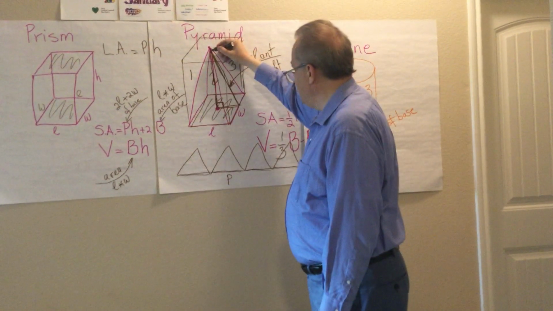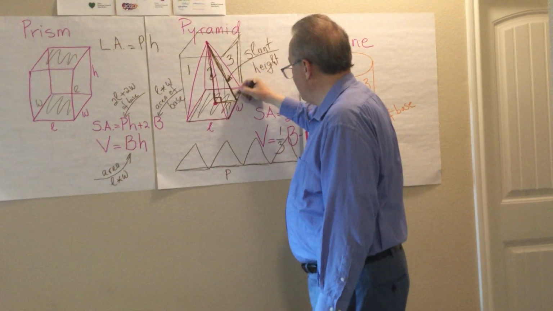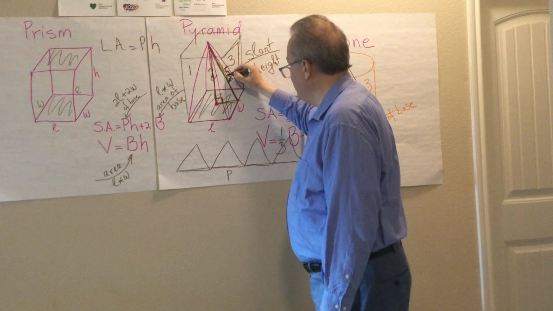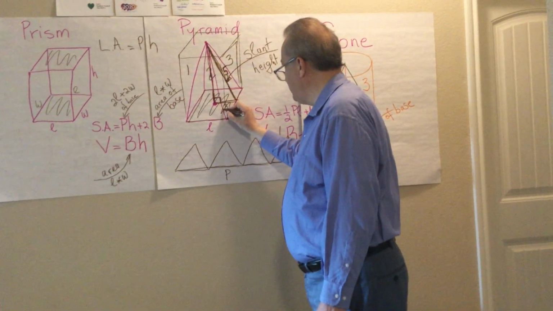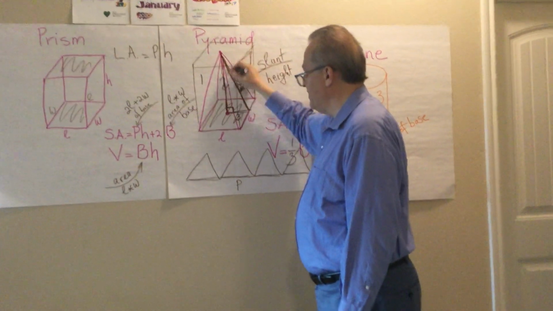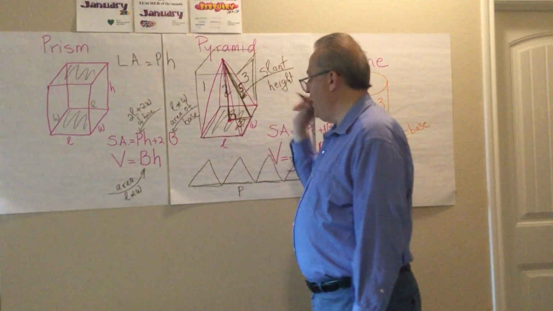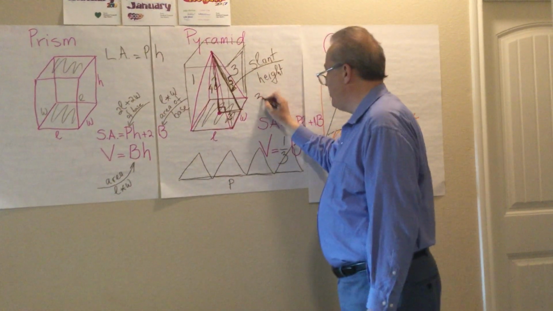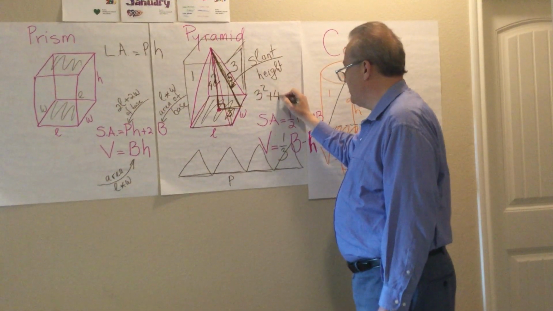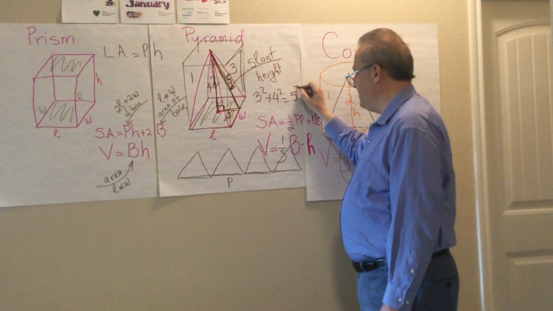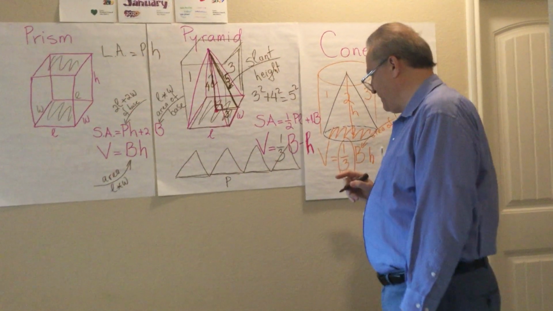So let's say that this would be 5 units. If this would be 3, how many units would you have here? Oh, you remember that it's 4, because you remember 3 squared plus 4 squared is equal to 5 squared. You said it. That's Pythagorean triple.